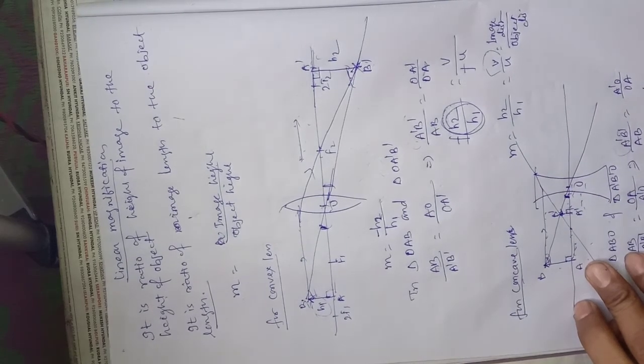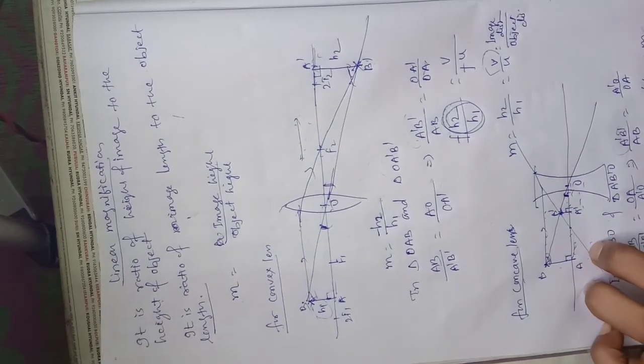These cancel, so again the linear magnification is v by u.